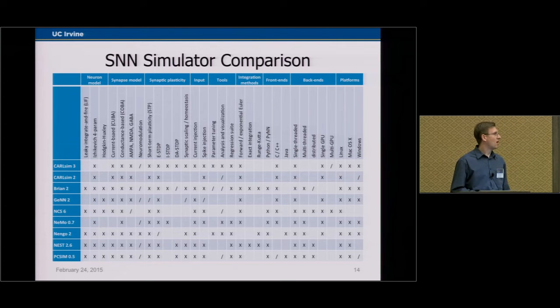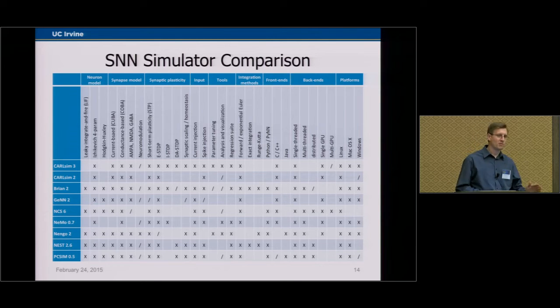But where our simulator, I guess, stands out a little bit is that we have more realistic plasticity involved here. We have nicer tools. We have, like I said, this visualization tool. We also have our parameter tuning interface, which I'll talk about a little later. The big point is we have a GPU implementation right now.